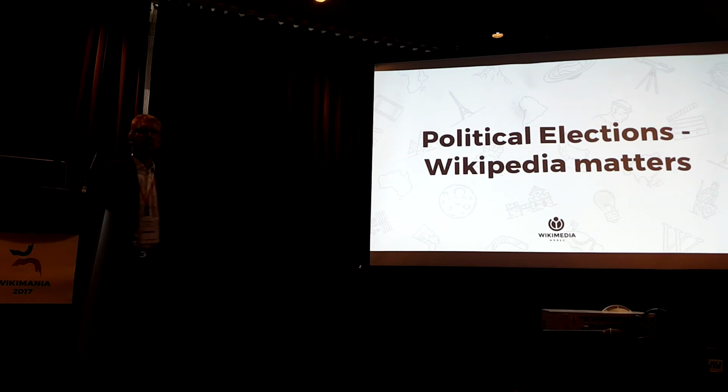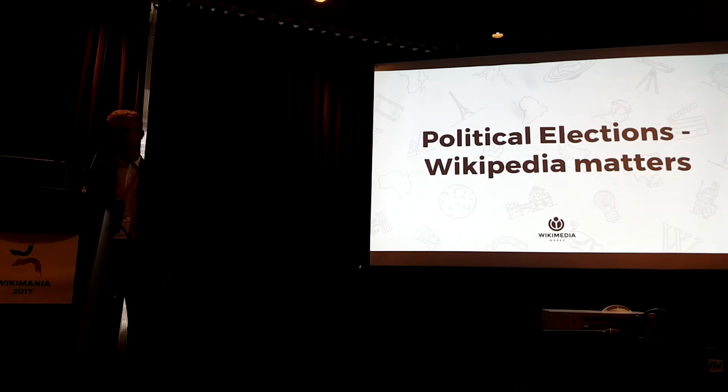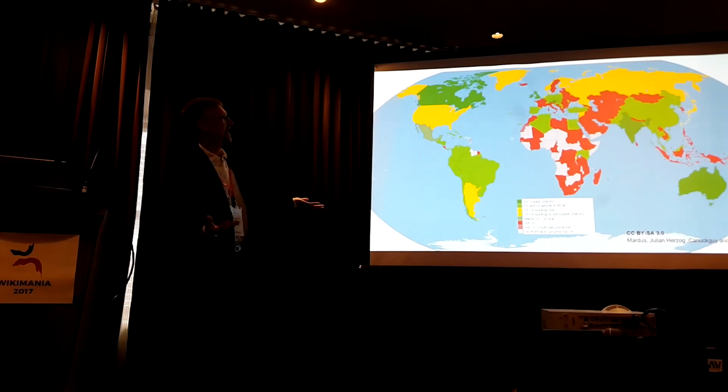Okay, I am Hone from Wikimedia Norway. I'm going to talk about how we are trying to change the copyright laws in our country. So the problem is that, for example, we do not have freedom of panorama in Norway.